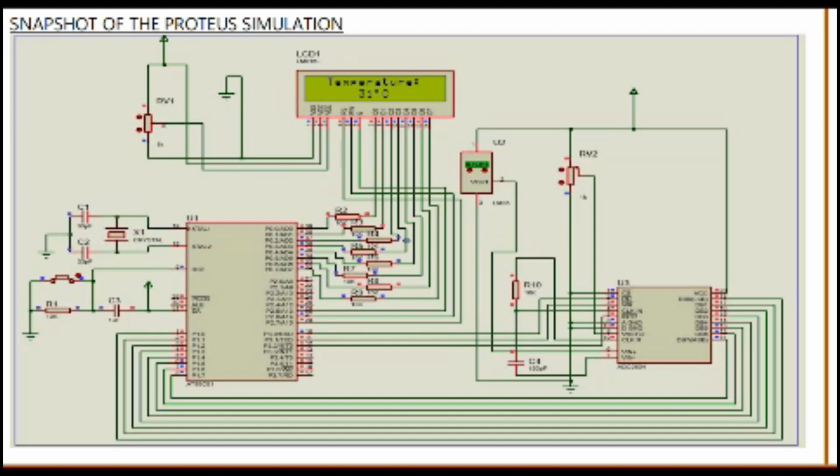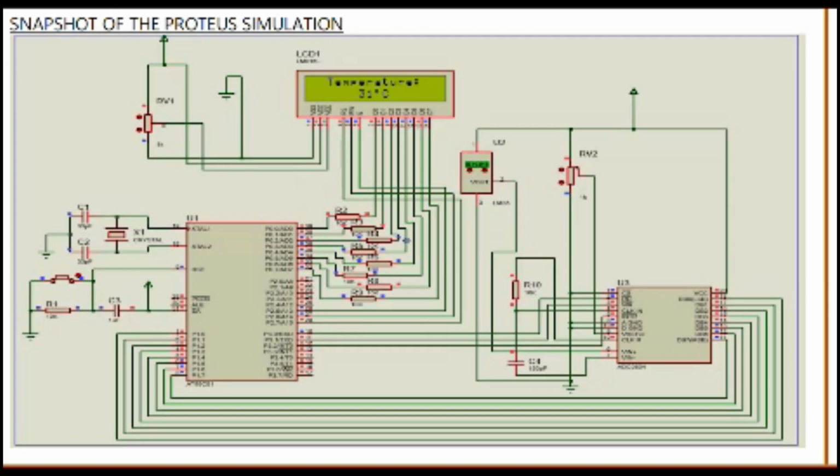It is the main controller that processes digital temperature data and displays it. It connects to a crystal oscillator for clock input with two 33 picofarad capacitors. Temperature sensor LM35 is an analog sensor that outputs 10 millivolts per degree Celsius.